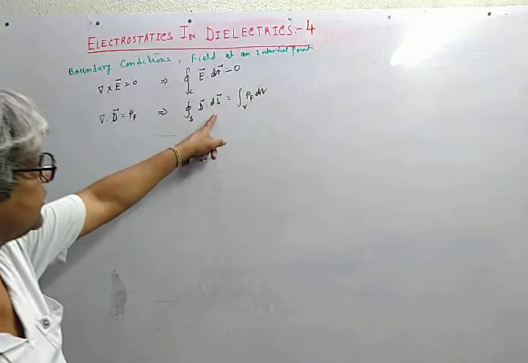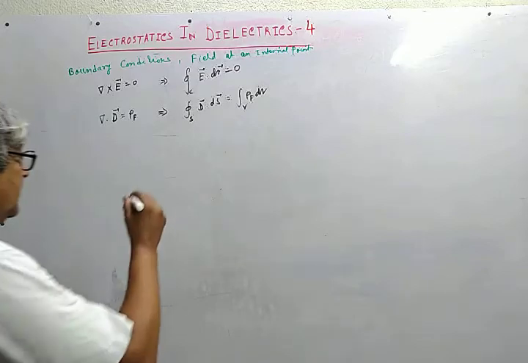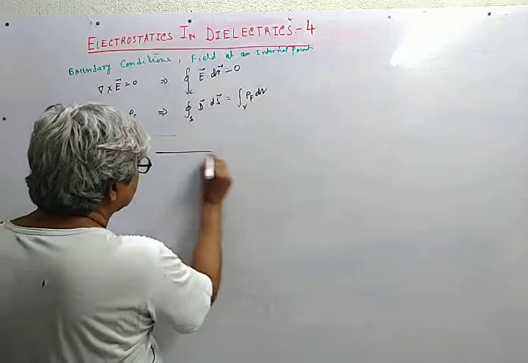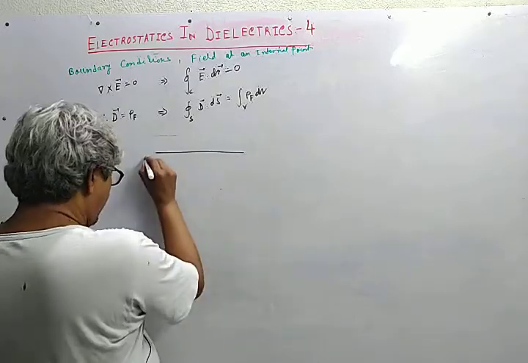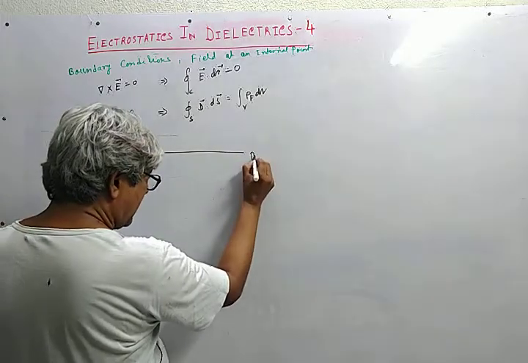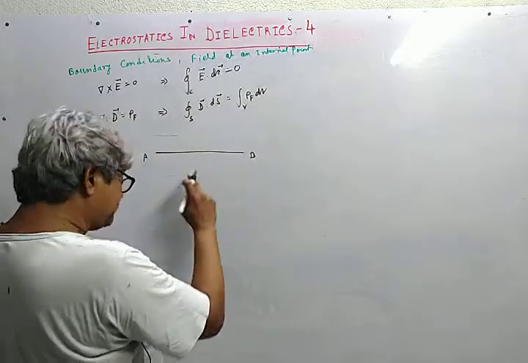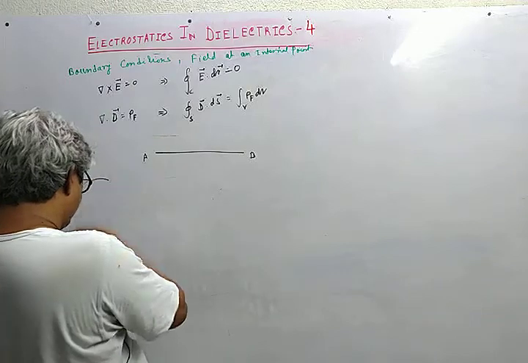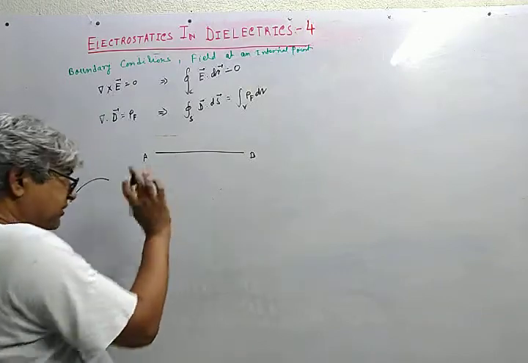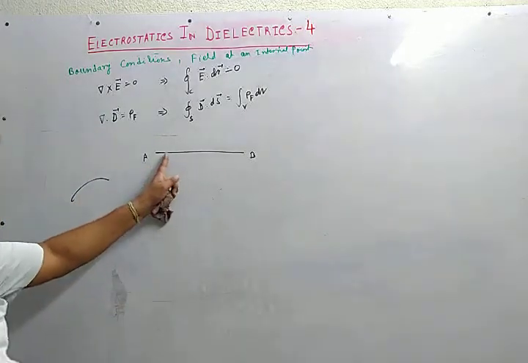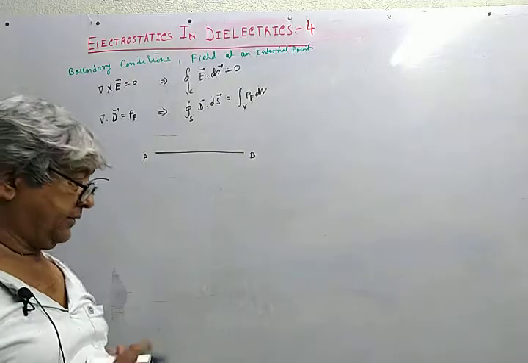So first use this equation. Let us consider this is the interface, AB is the interface. This may be a curved one, but a small portion of this interface is considered, which appears to be a plane.